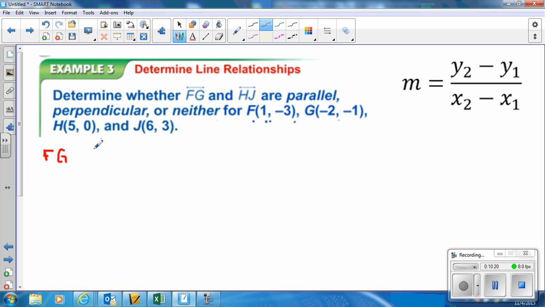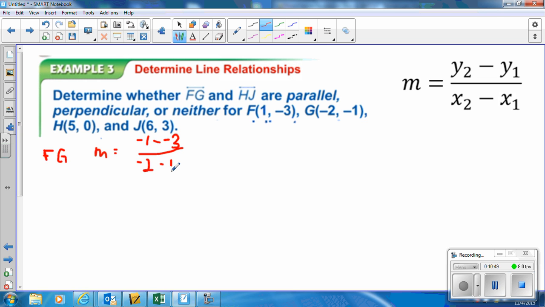For FG, I have y2 minus y1, so my slope equals y2, which would be -1, I got that from G, minus y1, my -3, all over x2, which is -2, minus my x1, which is 1.